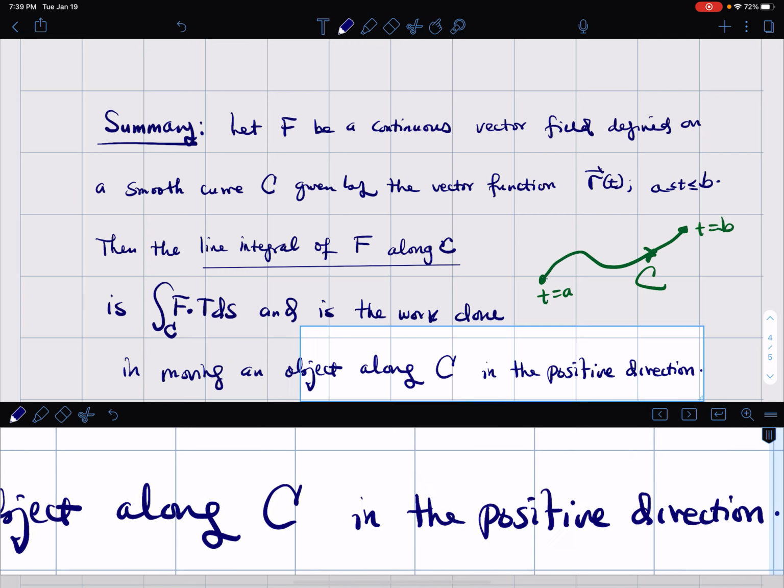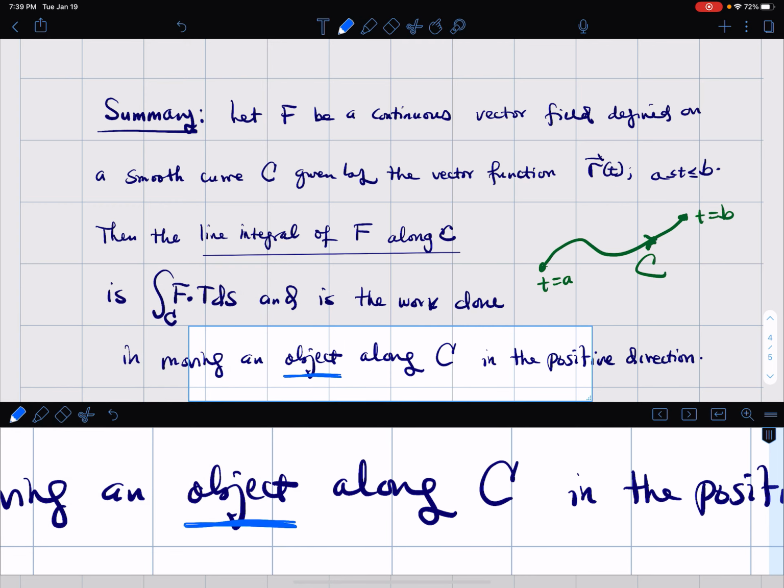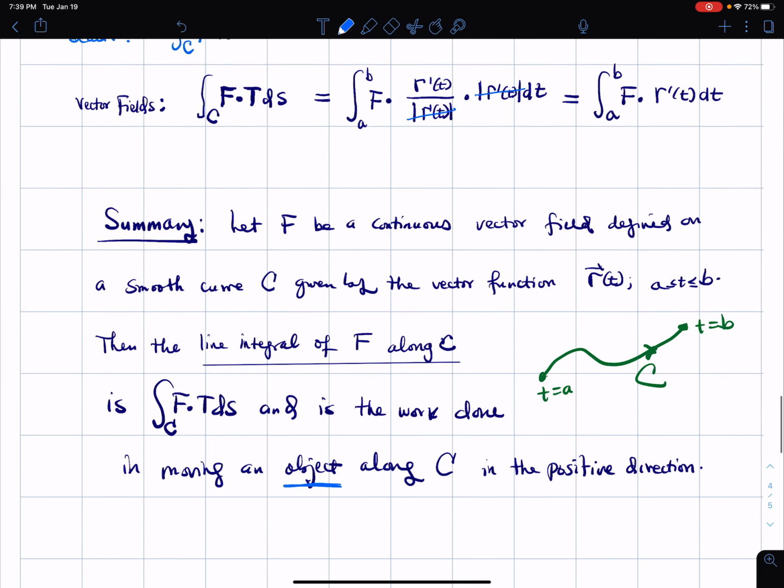The word object is loosely defined. We can say more about this, we can put more definition to this object, but let's just let it be the way it is for now.